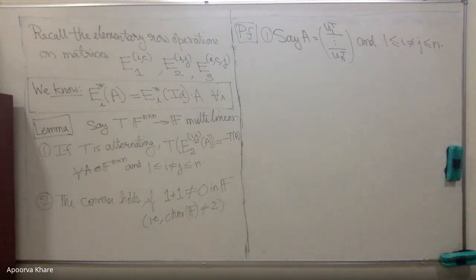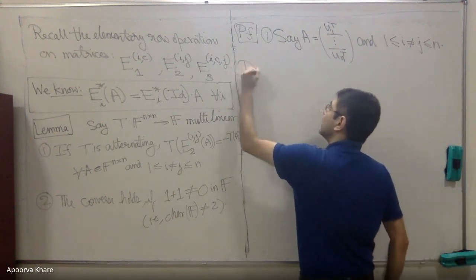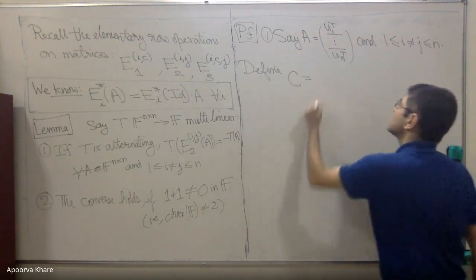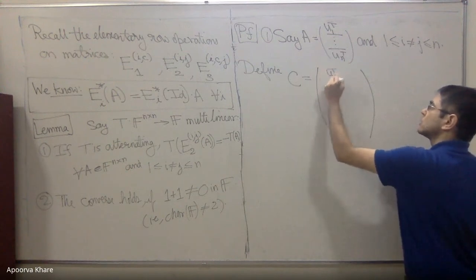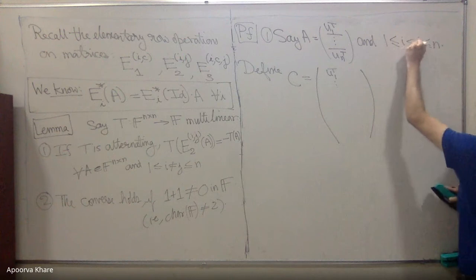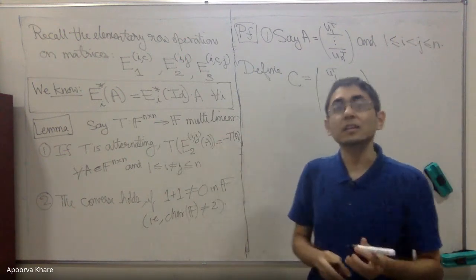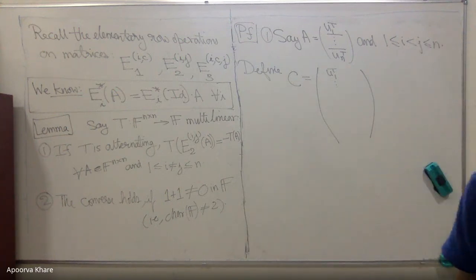So what I do is now I define a new matrix C from this data. Again I do the same thing. I get U1 transpose. Let's say I take i less than j. It doesn't matter, but I can take i less than j because E2 ij and E2 ji are the same operation. So it doesn't matter which one I take, right? So I take i less than j, fine.